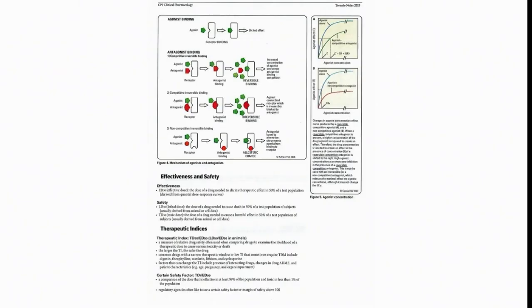Drugs with a narrow therapeutic index such as digoxin, warfarin, lithium, theophylline, and cyclosporine require careful dose adjustment and therapeutic drug monitoring. The certain safety factor, TD1 over ED99, provides an even more stringent assessment of drug safety and is often favored by regulatory agencies.